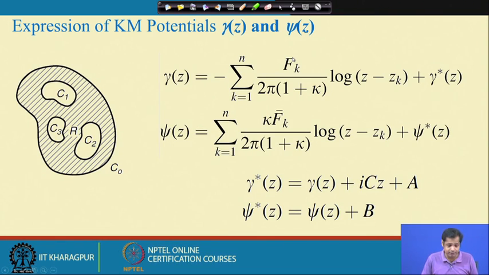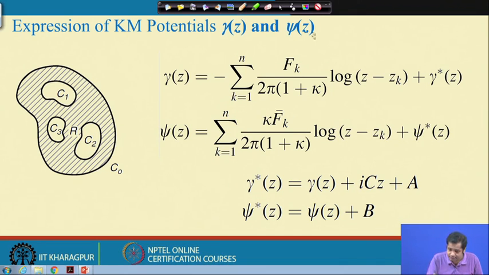If it is a multiply connected domain, then what happens? Then your potentials are this, and look at this F_k. First of all, there are two things. One is this summation from k equal to 1 to n, which is essentially how many loops, how many such holes you have.